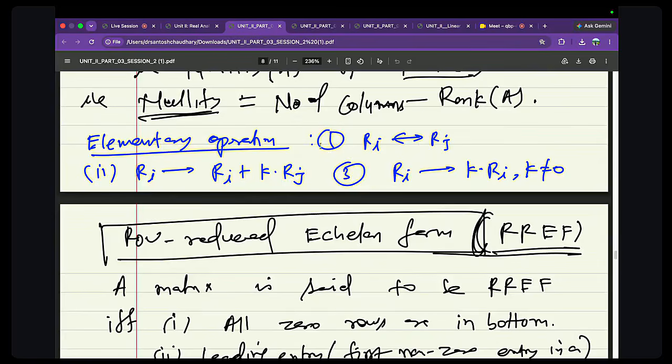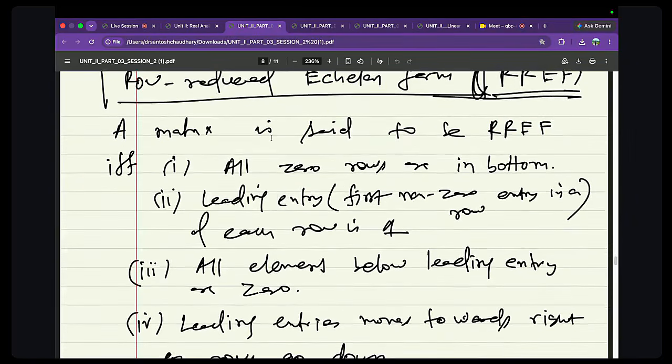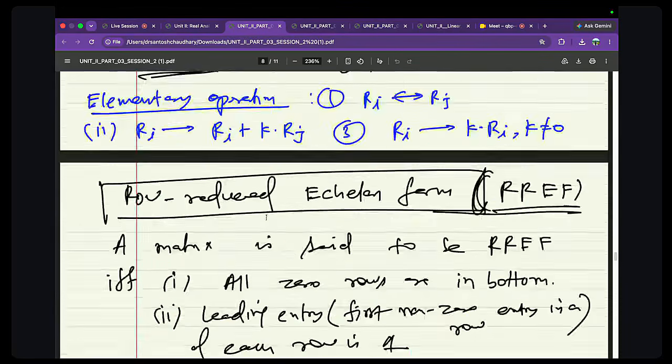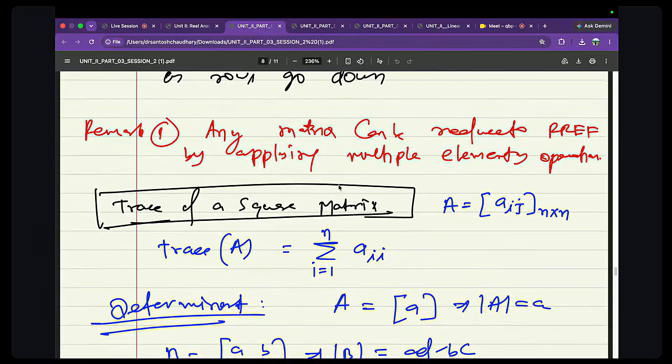Applying these three operations, you can convert a matrix into RREF, row reduced echelon form. Those were the three conditions of row reduced echelon form, the same I have written in 4 points. Any matrix can be reduced to RREF by applying multiple elementary operations.